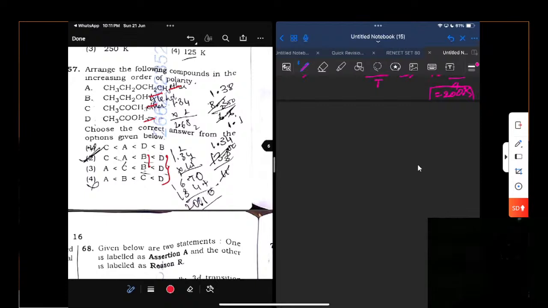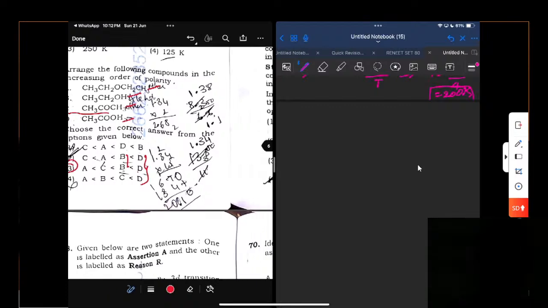Dimethyl ether, because of the presence of the CH3 group there. So which option is correct for us? The correct order is D, then B, then C, dimethyl ether, and diethyl ether. So option C, the third one, is correct.